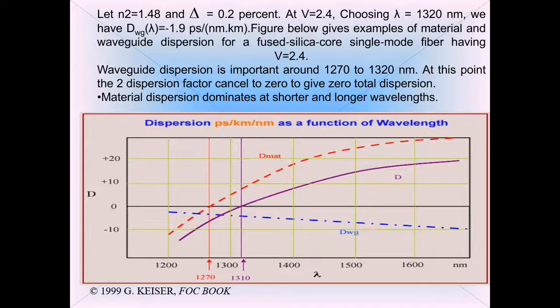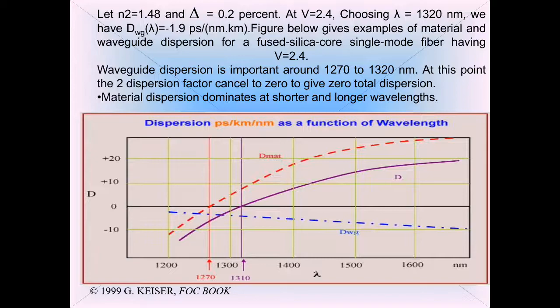That's what has been represented here. You can read this one. You have N2 as 1.4, which is the refractive index of your clad. Delta is the relative refractive index difference. V number is 2.4, therefore it is a single mode fiber. You have chosen an optimal wavelength of 1320 because at this point we have minimum dispersion loss occurring in the system.